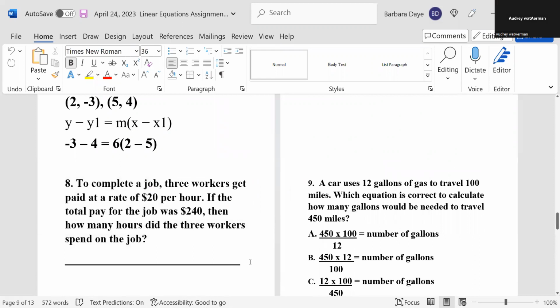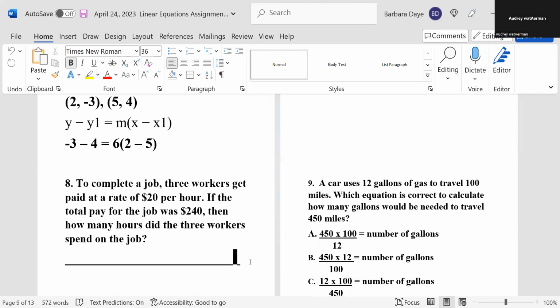Okay, it says that to complete a job, 3 workers get paid at a rate of $20 per hour. So that means it would have been 60 hours. And this is 12 hours.